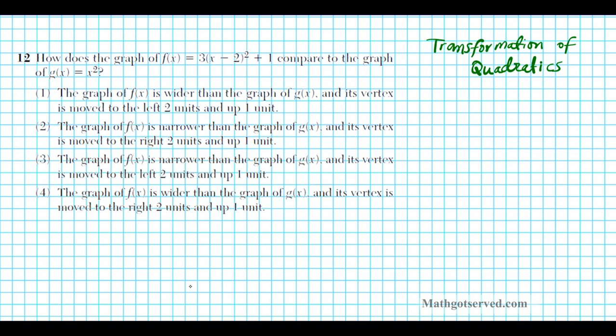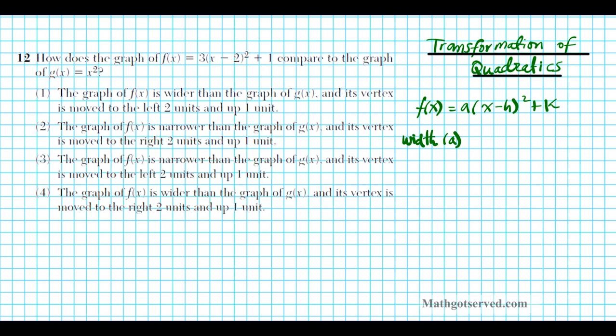Let's say we have a quadratic in the vertex form. Let's use f of x. In the vertex form, f of x equals a times (x minus h) squared plus k. What do a, h, and k tell us? a tells us something about the width.